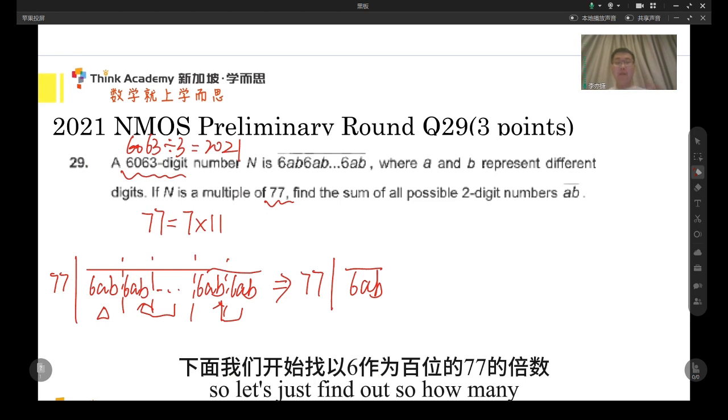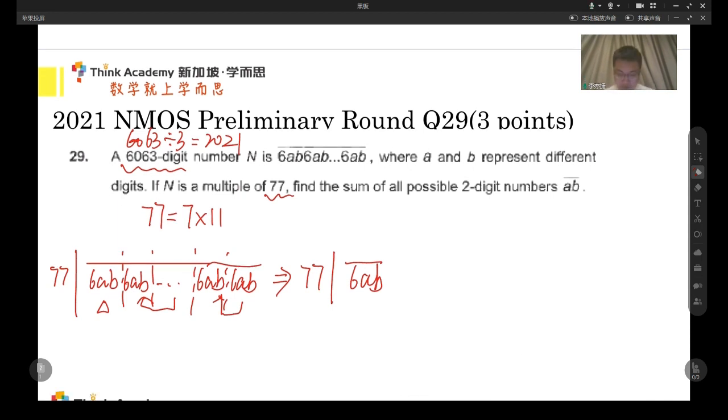So which multiples of 77 have the hundreds digit 6? 77 times 8 is 616. Then the next one is 693.